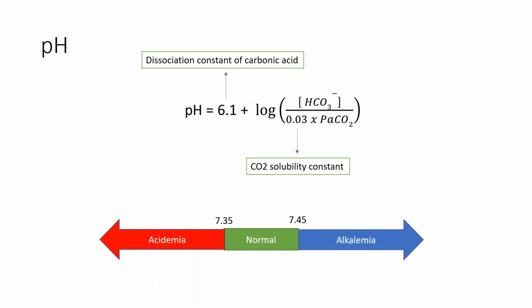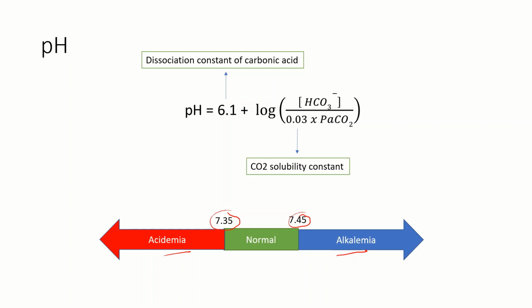So pH, the normal range as we talked about, is 7.35 to 7.45. Anything lower than 7.35 would be acidemia, and more than 7.45 would be alkalemia. So what is the formula for pH? It is 6.1 plus log of bicarb over 0.03 times PaCO2.